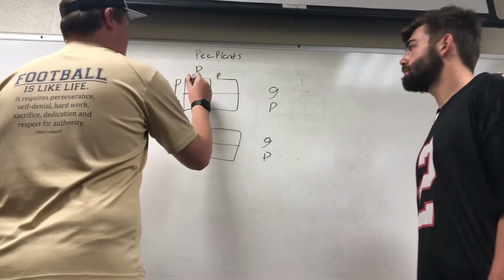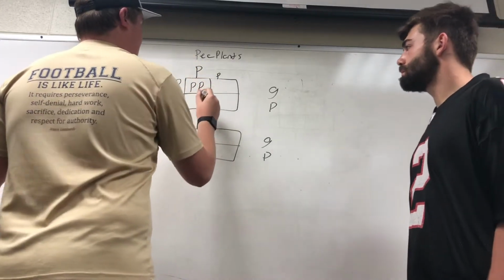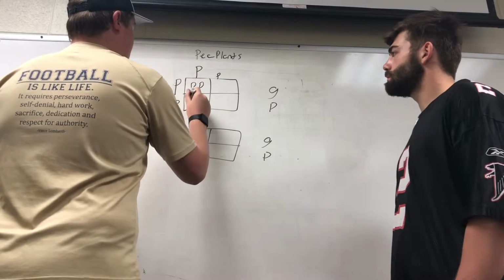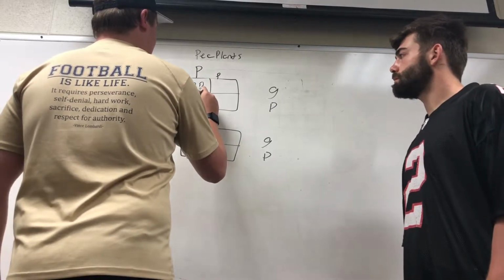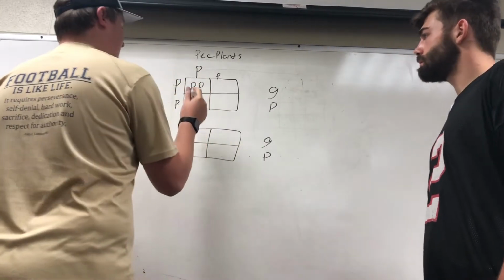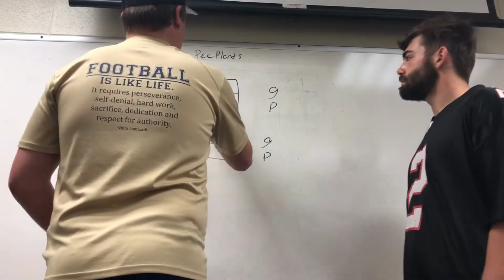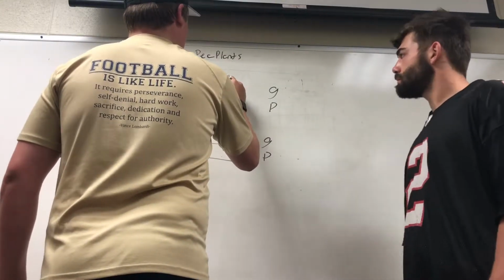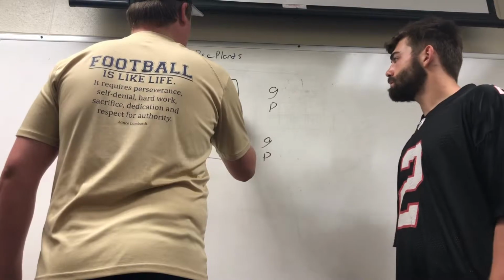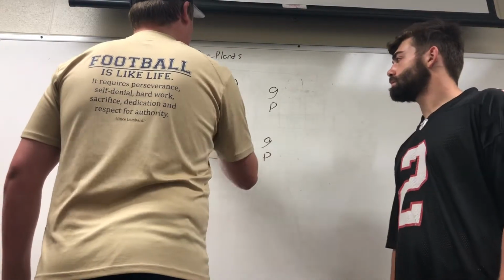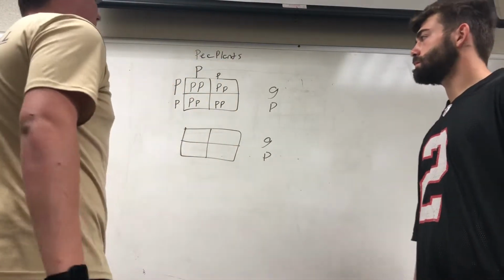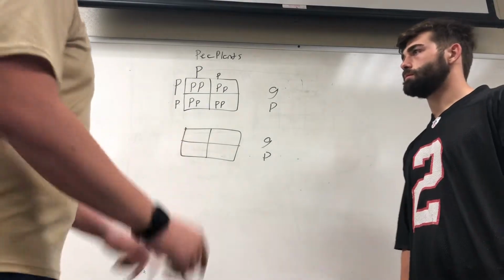So we cross these two, dominant, dominant. Cross these two, it's going to be dominant with a recessive, so that is a heterozygous. And then we cross these two and get the same thing. And then down here, we're going to get two small, showing a white flower color, which is a recessive.